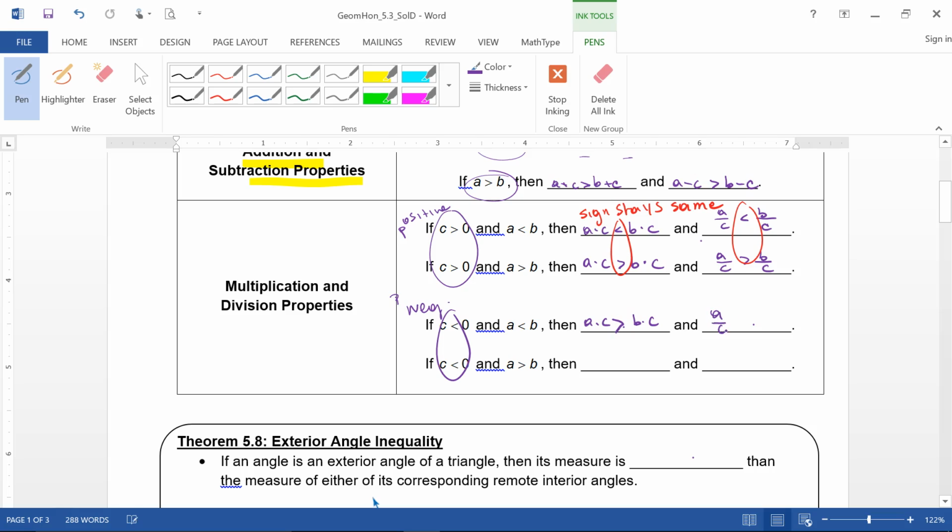So A over C is greater than B over C. And here, A times C is greater than B times C. The sign will switch. Okay?